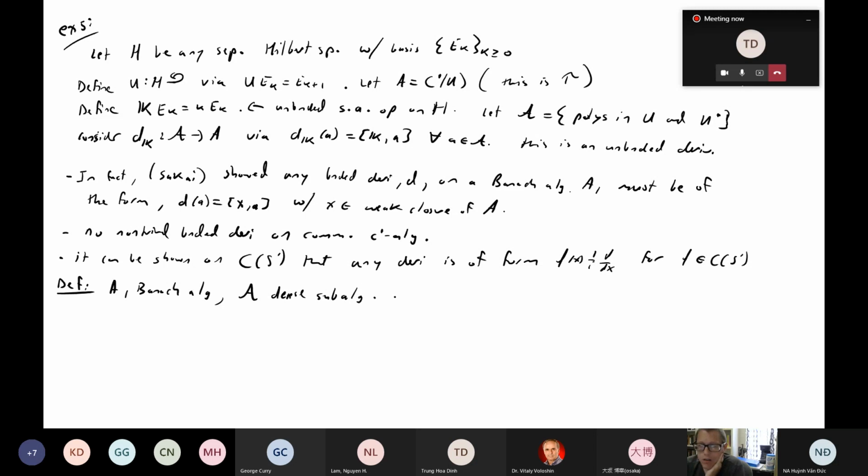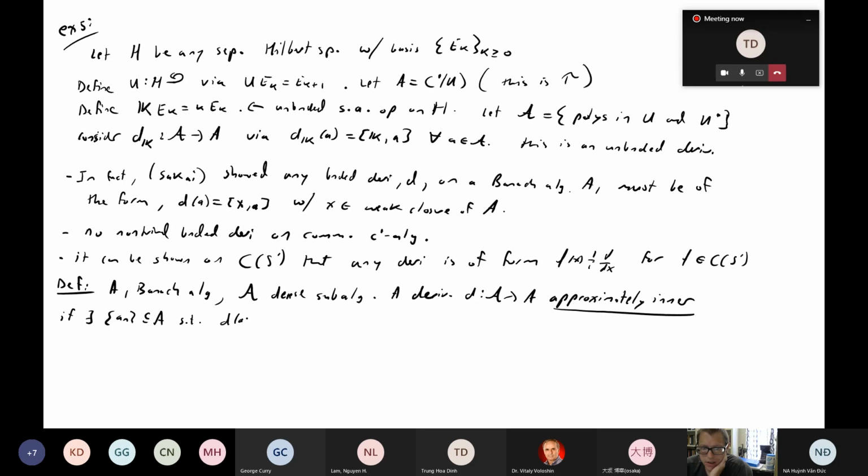We call a derivation D, taking script A to A, approximately inner if there exists a sequence A_n from A so that D on A is equal to the limit as n goes to infinity of the commutator of A_n with A, for every A in the domain, script A.